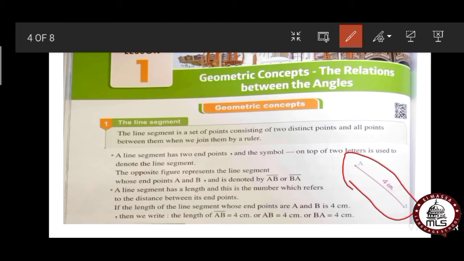It equals 4 centimeters here. When we say AB equals 4 centimeters or BA equals 4 centimeters, AB or BA, or the length of line segment AB equals 4 centimeters.